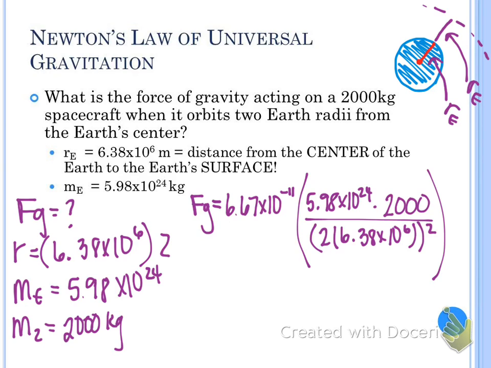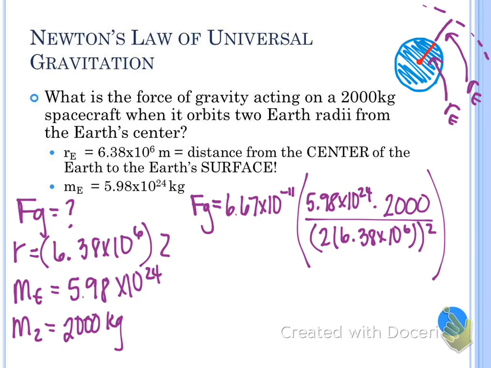Usually when I do these problems, I start down here and work my way up and to the left. So I'm going to start with taking 6.38 times 10 to the 6th times 2. Then I'm just going to hit squared, because it's going to square my answer without having to plug anything back in, and hit enter.